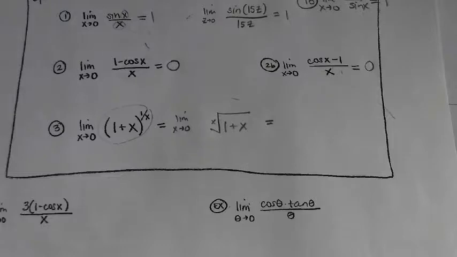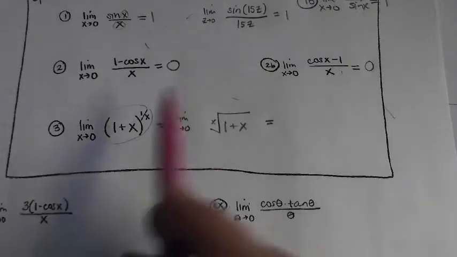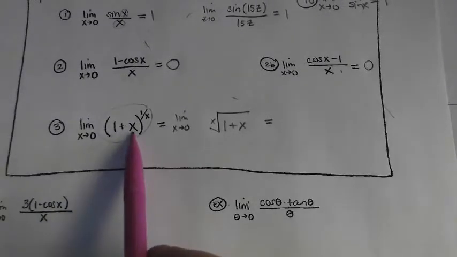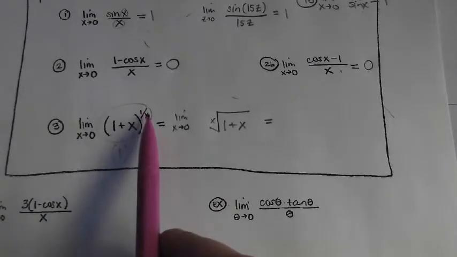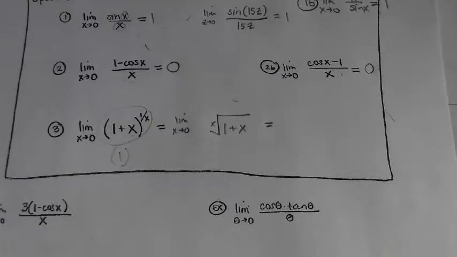Think about plugging in something really, really close to 0, like 1/1,000,000th. What is 1 plus 1/1,000,000th, essentially? 1. To, what's 1 over 1/1,000,000th? 1,000,000. 1 over 1/1,000,000th is a million.